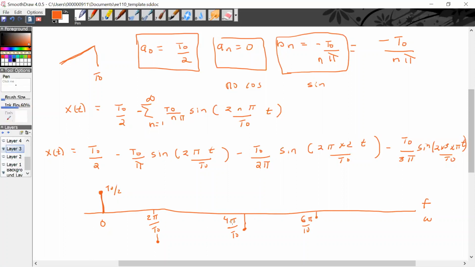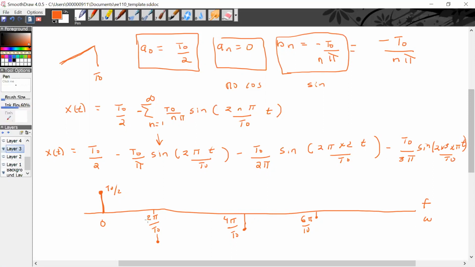And it gets smaller and smaller and smaller. So as this goes on, sometimes this is bigger than the others, but usually this can be bigger even than the DC, but then the other harmonics go to 0.